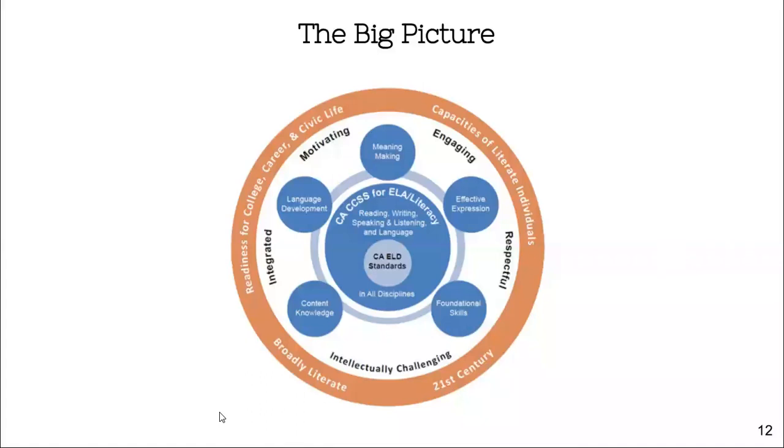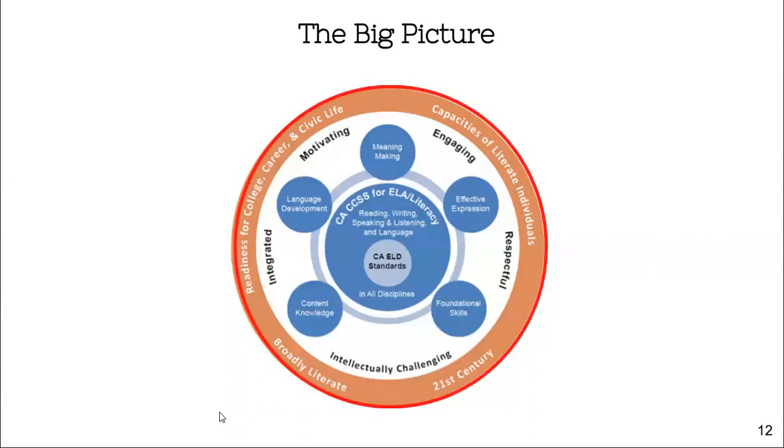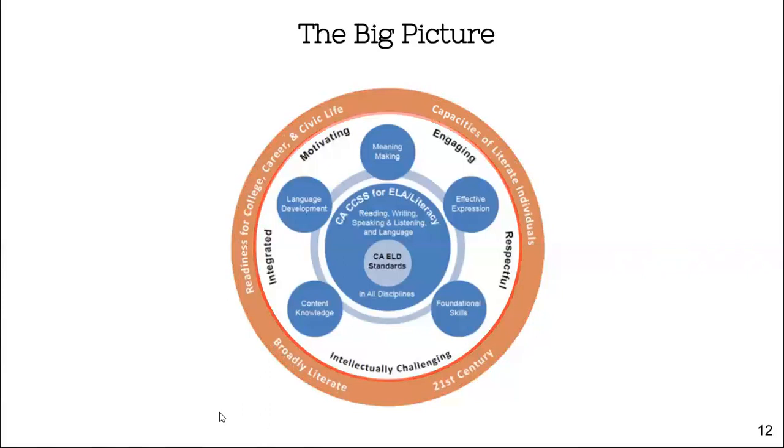This big picture graphic summarizes everything that is in the framework. What I'd like to point out is that at the center of it are the California ELD standards. So we have Common Core standards for ELA and literacy, including reading, writing, listening, and language, and the ELD standards as well. And it says that students will read and write, listen and speak in all disciplines.